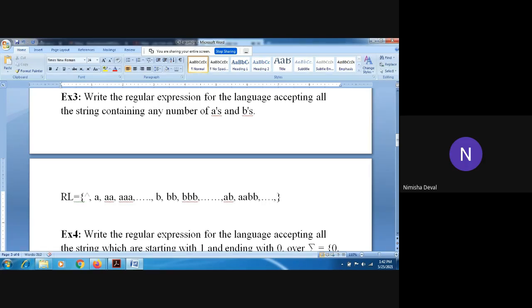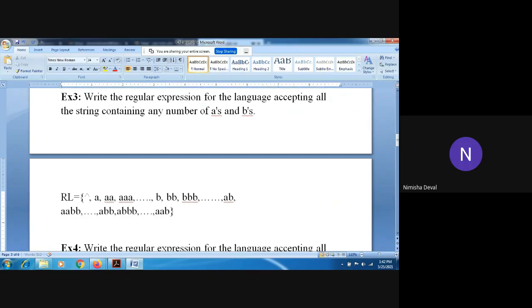Then single a, double b, single a, triple b. Then double a, single b, then triple a, single b. These strings are also possible, right?